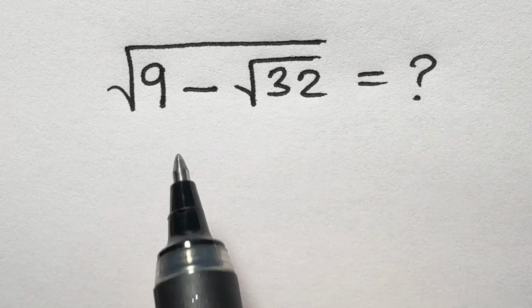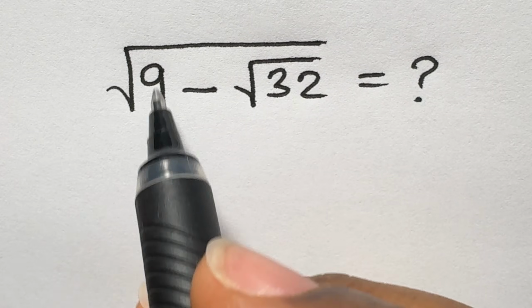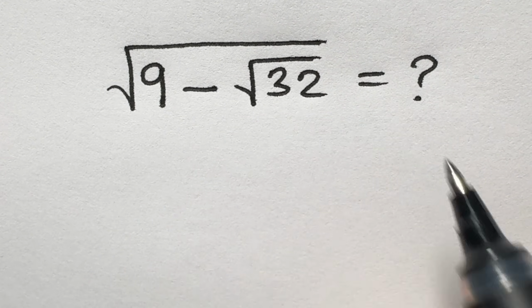In this video, let us find the square root of 9 minus the square root of 32.